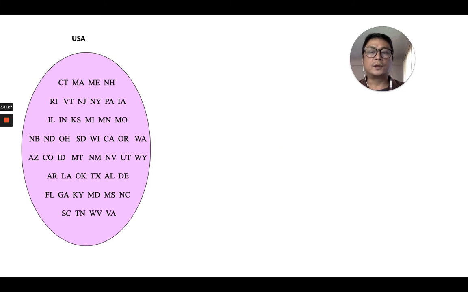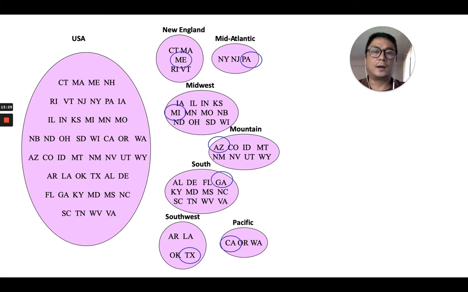So what we first do is we cluster the states into 7 regions across the United States. And then from each region, so there are different numbers of states in each region, we randomly select a state within each region. Okay? So for example, for the Midwest, we randomly select Michigan.